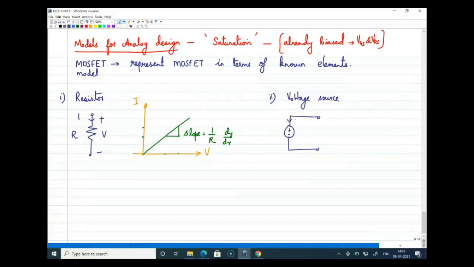The current through the voltage source is I, and the value is V naught, the constant voltage. This is marked as V. So how will you draw the characteristics of this? Can one of you switch on your video and show me the characteristics of a voltage source?